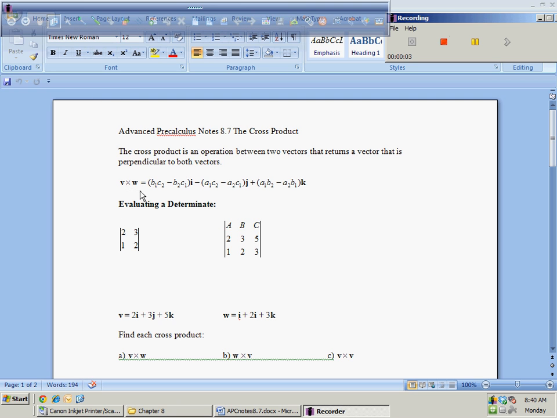And this formula right here, V cross W, you could use that formula if you want.